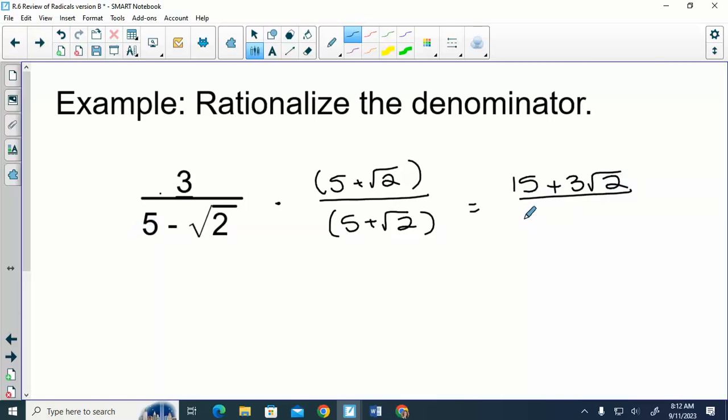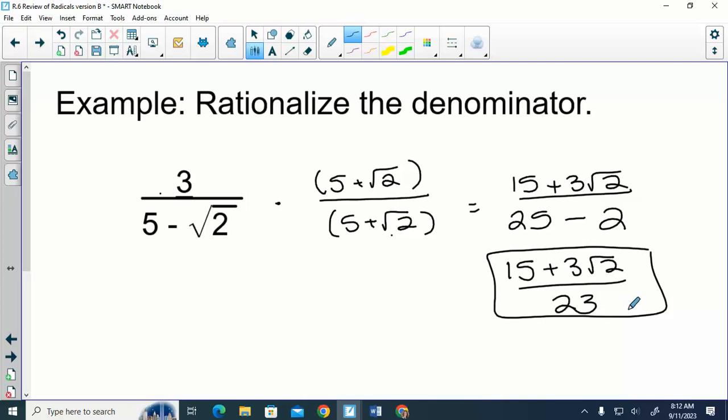On the bottom, 5 times 5 is 25. Minus, or plus 5 radical 2 and minus 5 radical 2 cancel. Minus the square root of 2 times the square root of 2. So square root of 4, which is just 2. So we have 15 plus 3 radical 2 over 23.